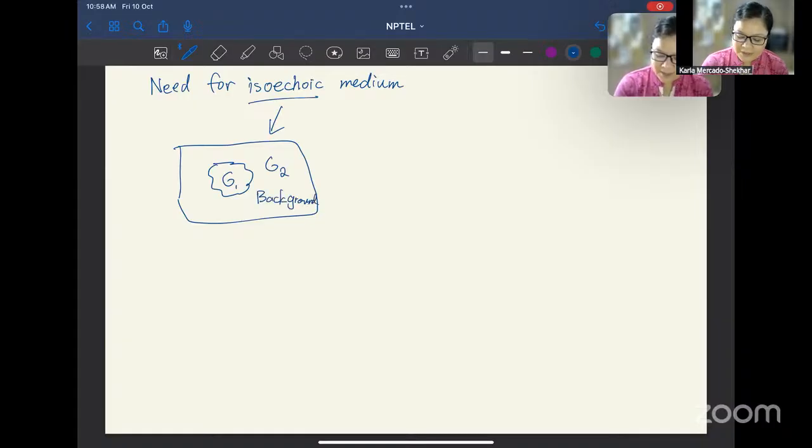Isoechoic just means that the grayscale level of the inclusion or the tumor is fairly close to the second one, not exactly equal, but fairly close. It does not mean that there is no backscatter from the mediums. It just means they have equal backscatter.